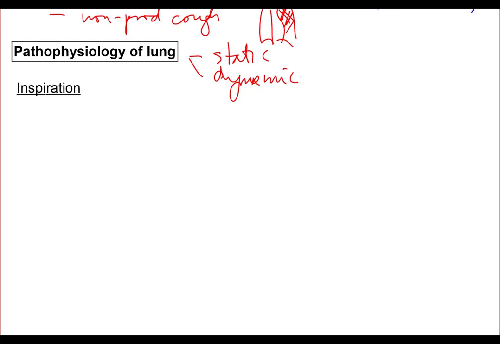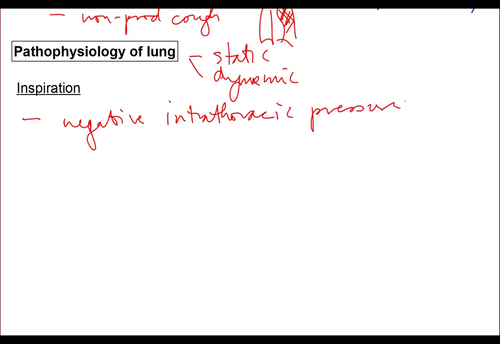So when we talk about inspiration of the lung, we really have to initiate the breath and then have the mechanical bellows effect of the lung. All inspiration drives off the negative intrathoracic pressure of the chest wall expanding and the diaphragm pushing down. So negative intrathoracic pressure is all the work of breathing.